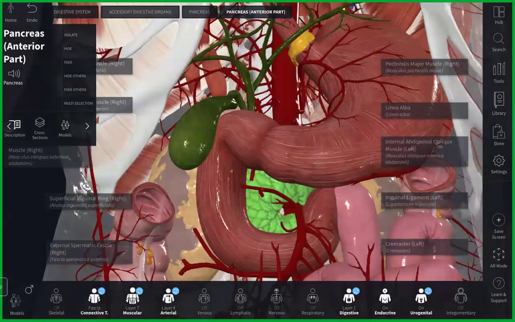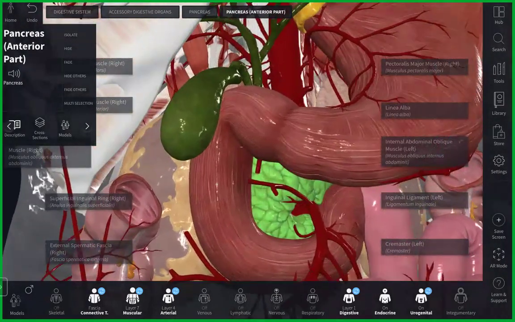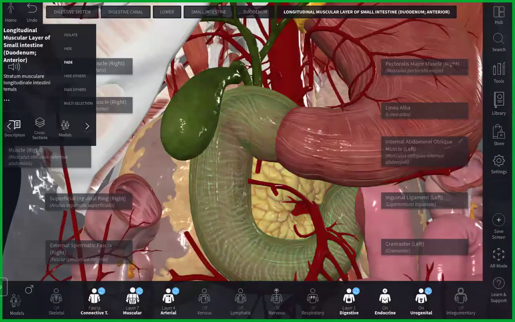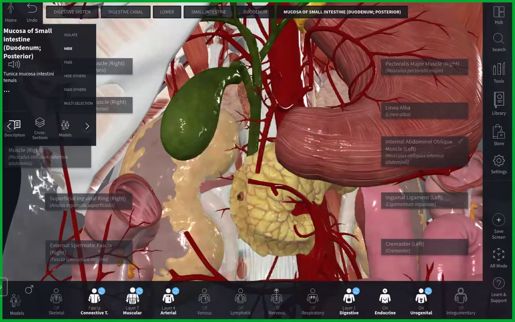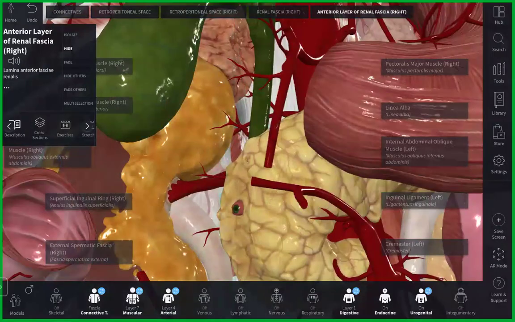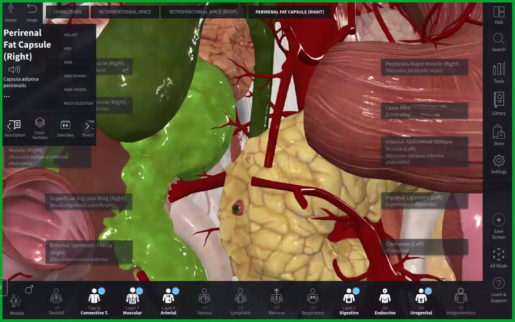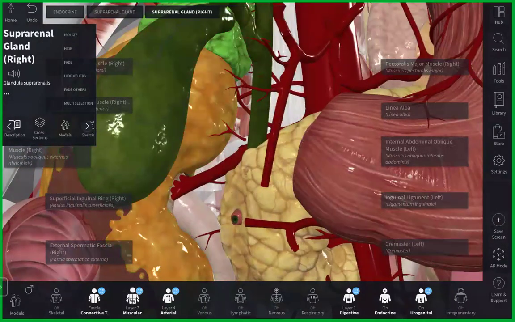Then here we have the second part, and we have kidney. Let me hide it. So we can see the kidney. Suprarenal gland is above.